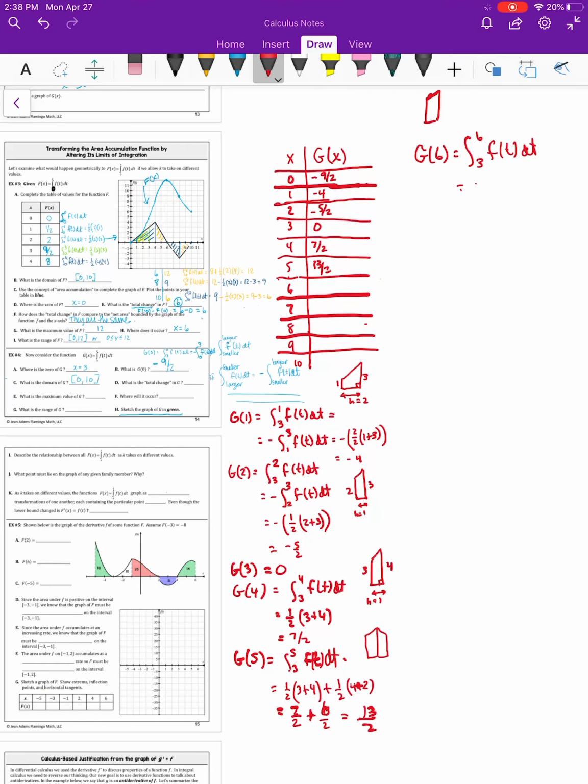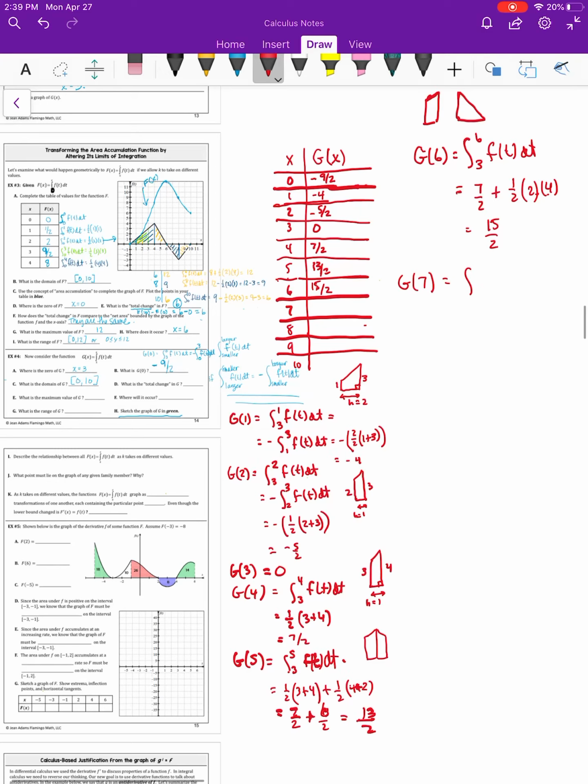And that we know from 3 to 4 is 7 halves, plus a triangle from 4 to 6. And so that would be 1/2. The base of that triangle is 2. The height of that triangle is 4. So we have 7 halves plus 8 halves would give us 15 halves at 6.